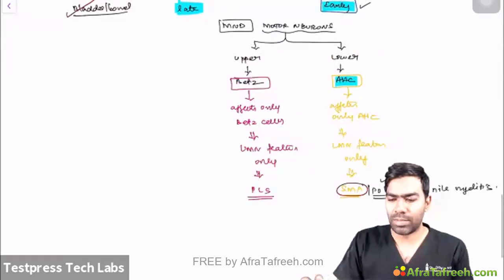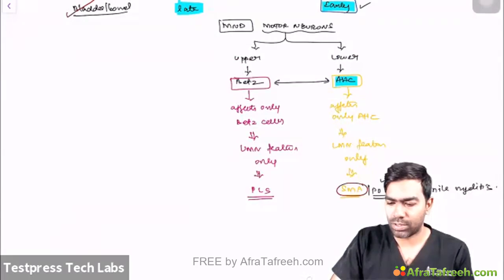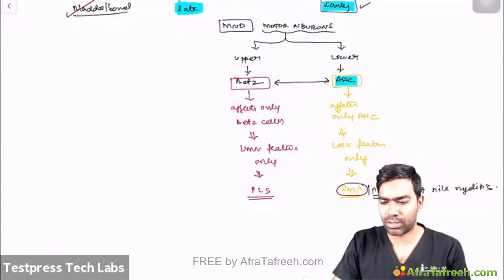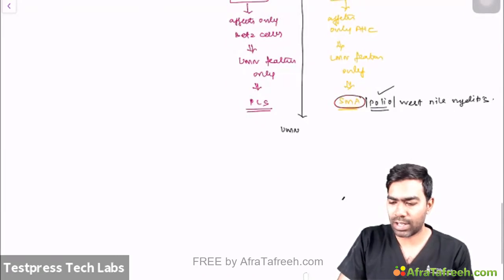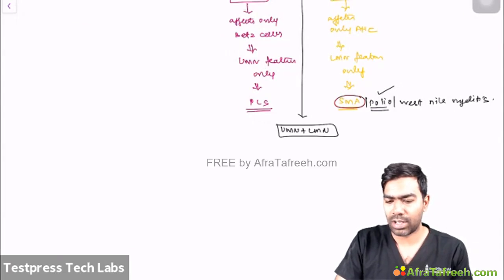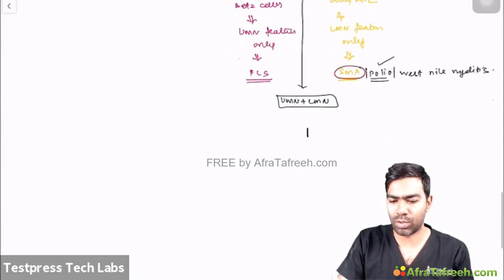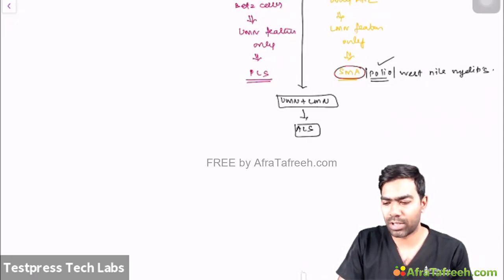And there are some disorders which can affect both Betz cells as well as anterior horn cells, which means these disorders are going to have UMN as well as LMN involvement in a particular patient. When a disorder affects both UMN as well as LMN, that disorder is what we refer to as ALS, that is amyotrophic lateral sclerosis, otherwise referred to as Lou Gehrig disease.